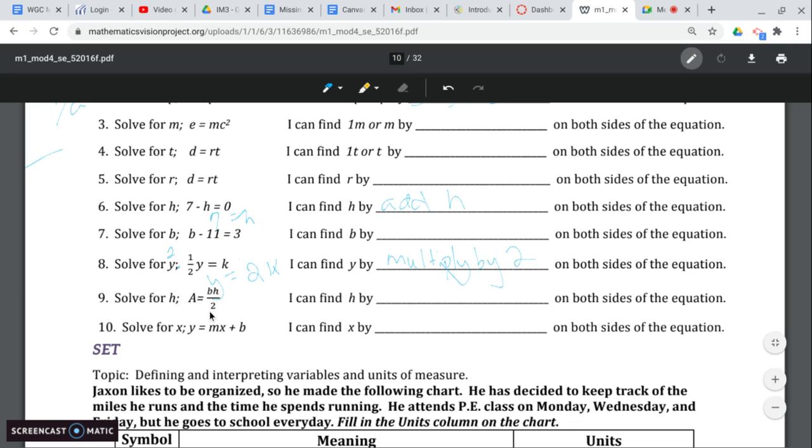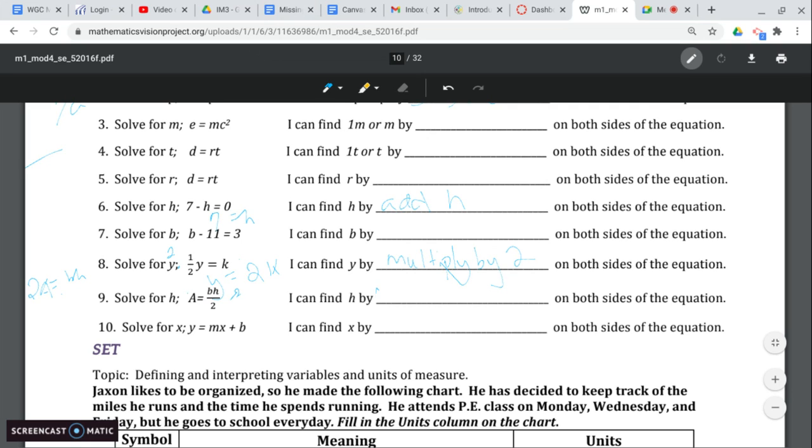The first thing we need to do is take care of this 2. So we need to multiply both sides by 2. I'm going to write it off to the side here. So we have 2A equals BH.